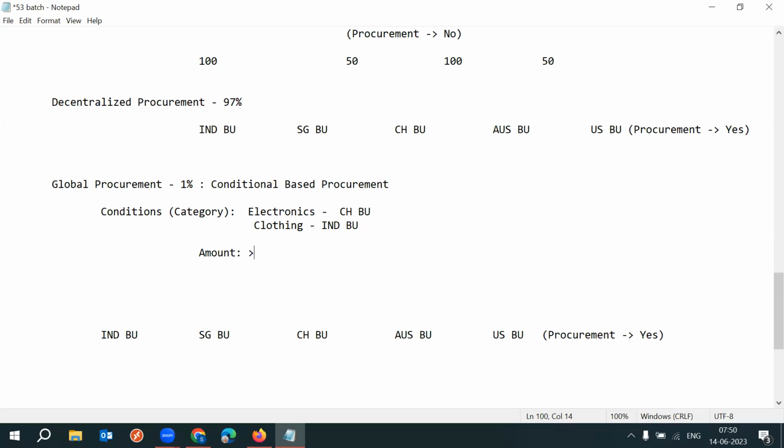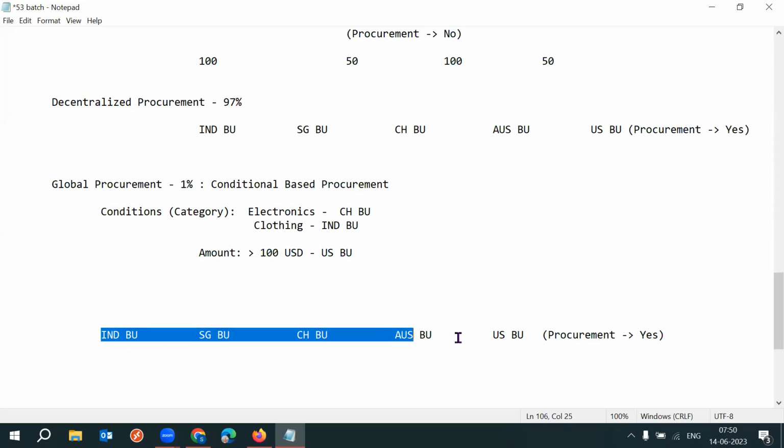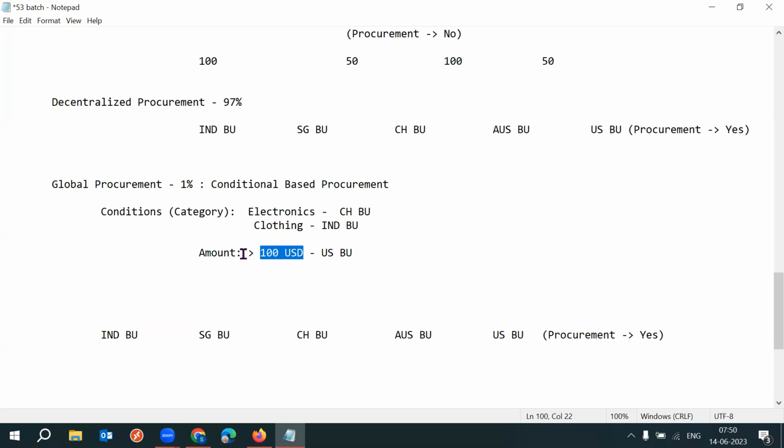If the amount that you are procuring is more than 100 USD, it always has to be procured from USBU only. That means if any BU is trying to procure more than 100 USD, what is the procurement BU here? USBU. So this is one more condition.